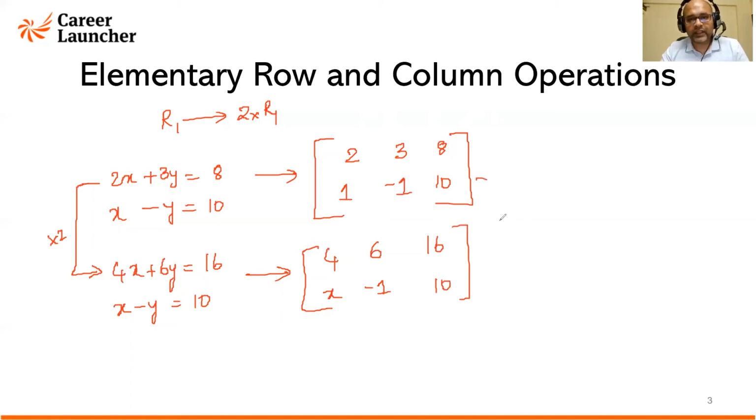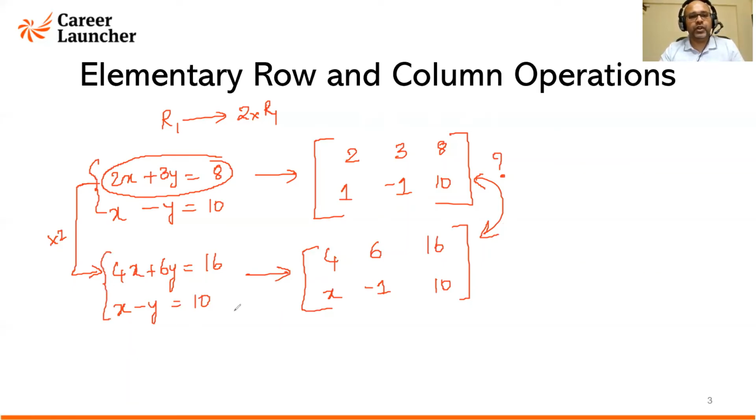Now, do you say that these two are different? They are not different. Why? Because when I multiply an equation with a constant throughout, it is not changed. So whatever answer you get for these two, the same answer you get for these two also. So the two matrices are not different at all.